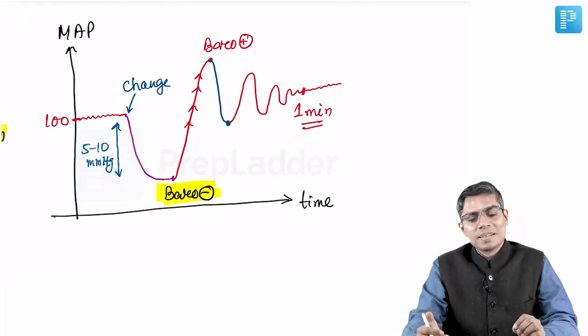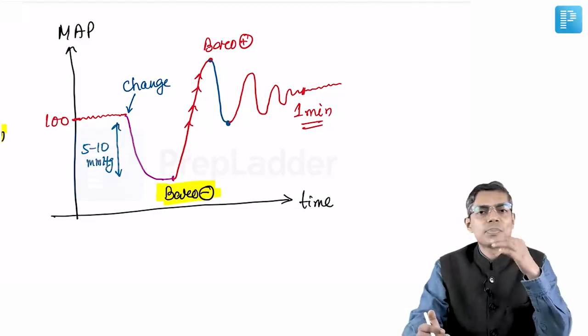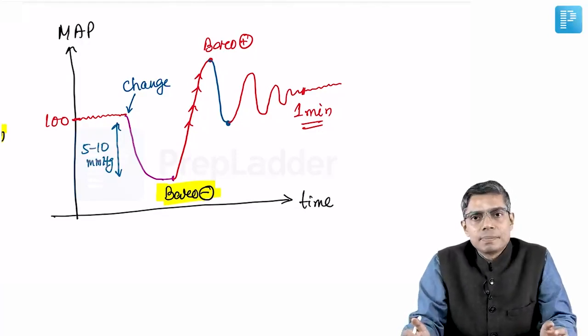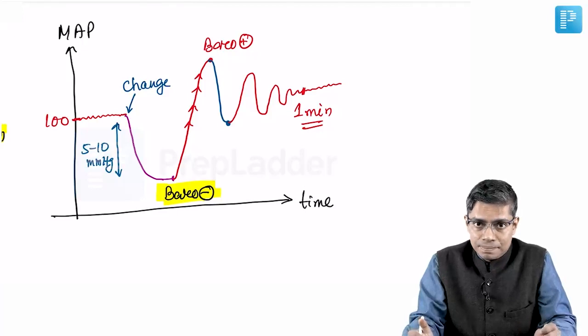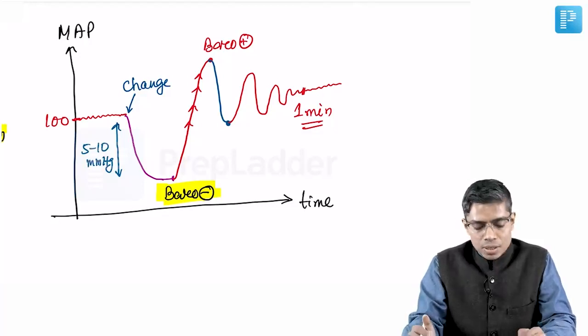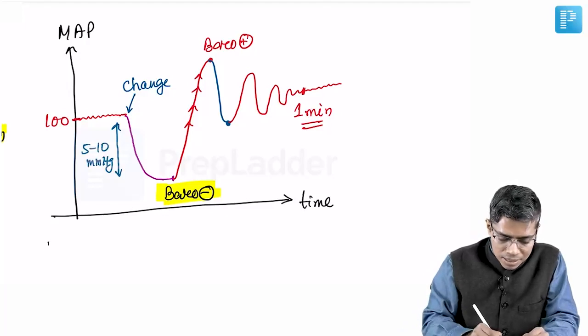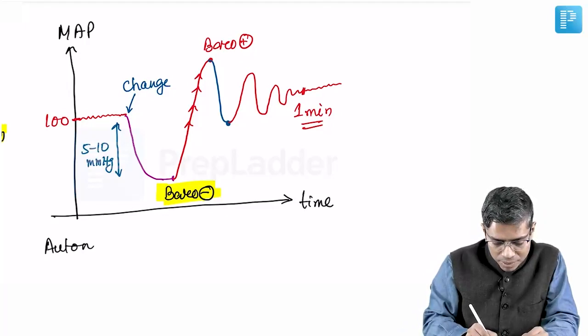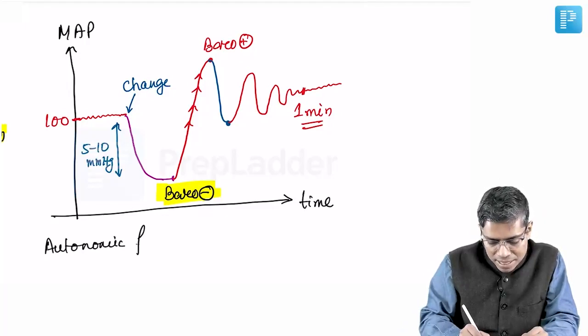Now you know that if your sympathetic system or parasympathetic system is disturbed, that is autonomic failure, right? Suppose one person is suffering from diabetic neuropathy, or in some cases of Parkinson's disease, there is autonomic failure. Whenever there is autonomic failure, what will happen?